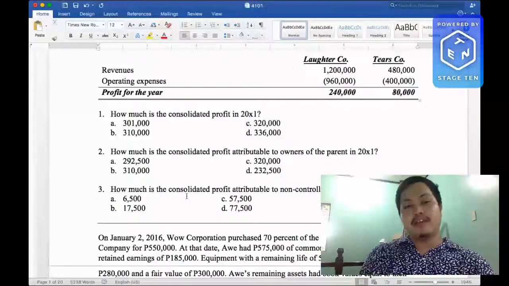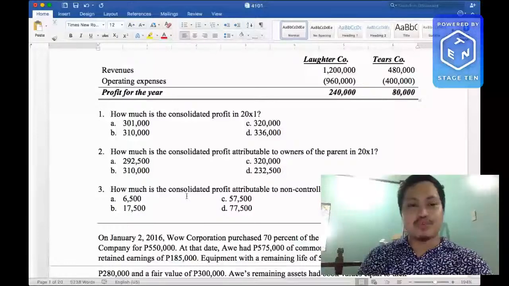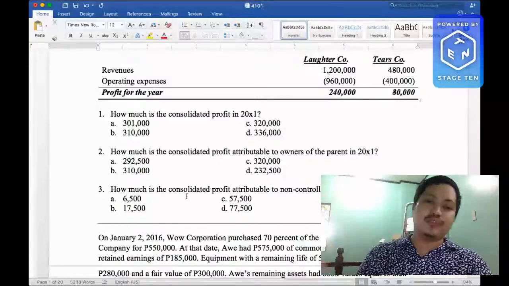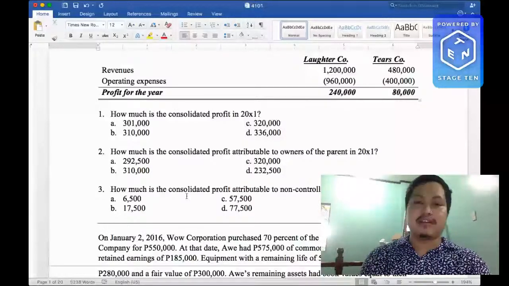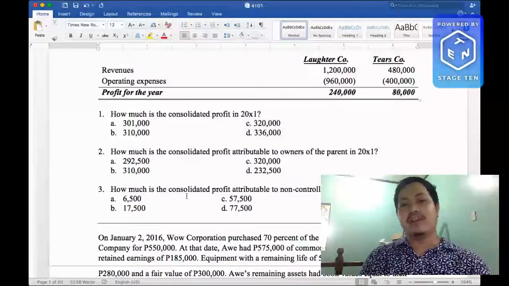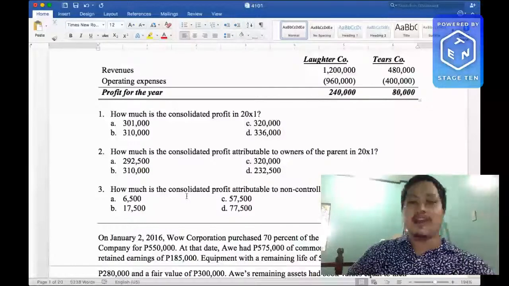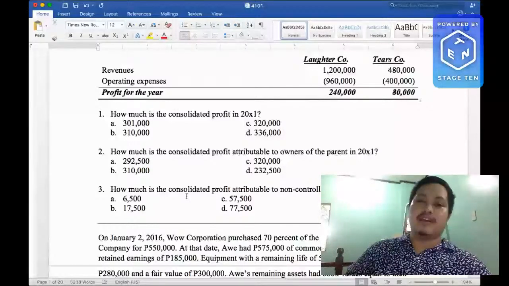Under the entity approach, we do not yet deduct the share of the NCI. Under the parent approach, to arrive at the share of the parent in the consolidated profit, we remove the share of the non-controlling interest. But again, it's just from the profit of the subsidiary. Of course, the non-controlling interest does not have any claim in the profit of the parent.